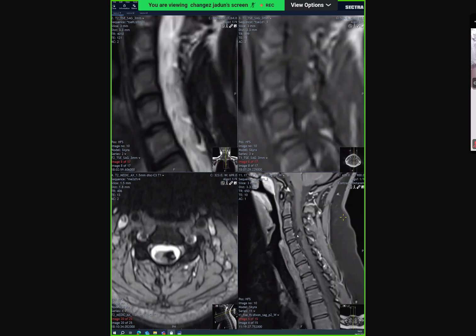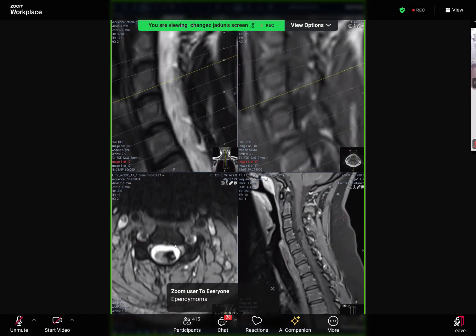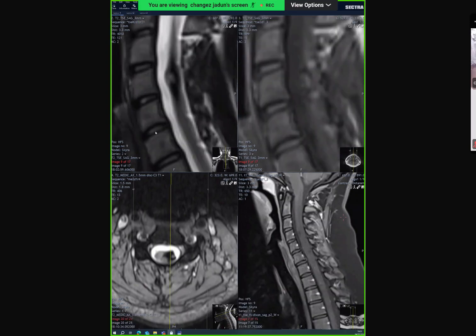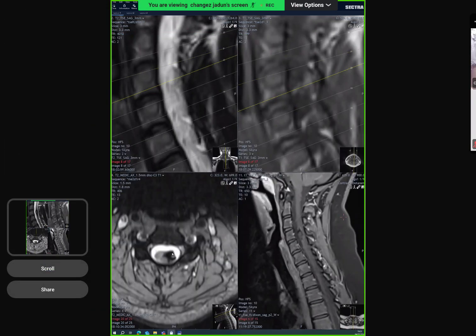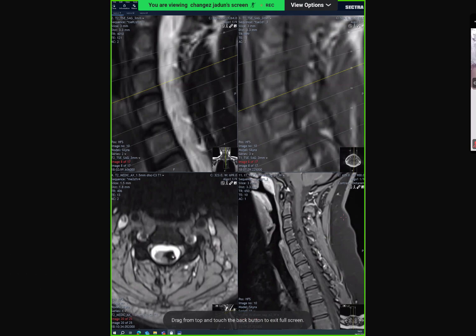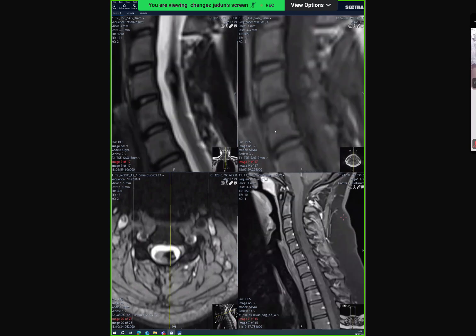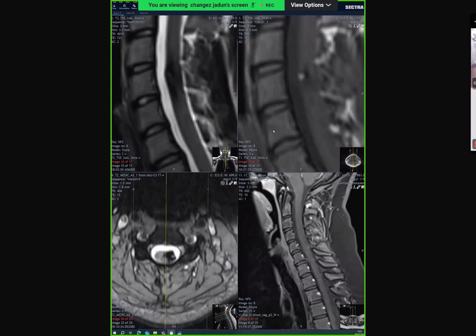It doesn't show any avid enhancement. Given hemosiderin deposition and central non-dark T2 signal, this has features of a cavernous venous malformation. So this is diagnostic imaging of a cavernous venous malformation, because the hemosiderin rim is complete and there is a central mulberry of bleed that cavernomas usually have.